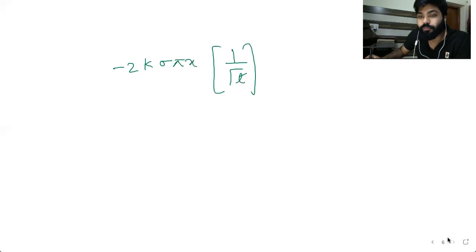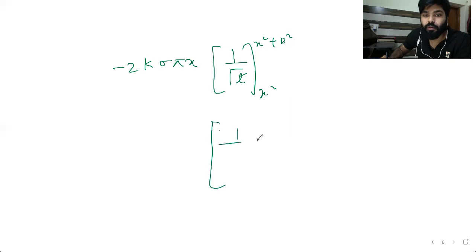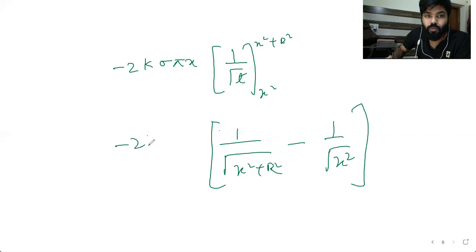Okay, and the limits were X square to X square plus R square. Now you can put in the limits. The expression will convert into root of X square plus R square minus 1 upon root of X square, times minus 2k sigma pi x. Cancel out root with square.